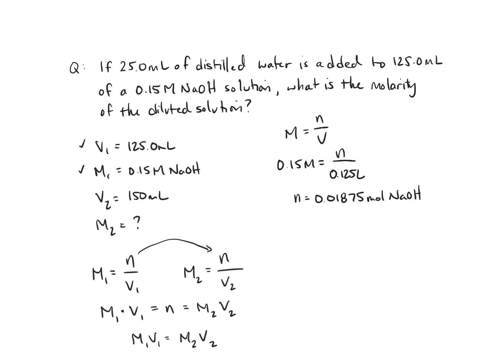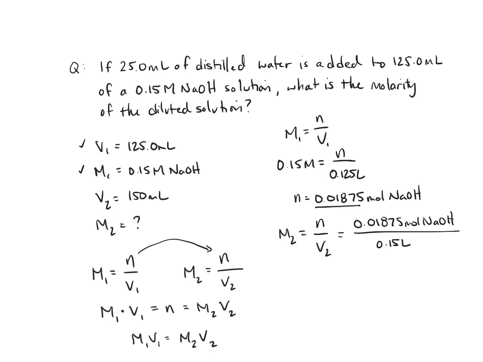That's the same number of moles in both, because the moles didn't change. So M2, which we're looking for, is equal to n over V2, which is 0.01875 moles of NaOH over 0.15 liters.